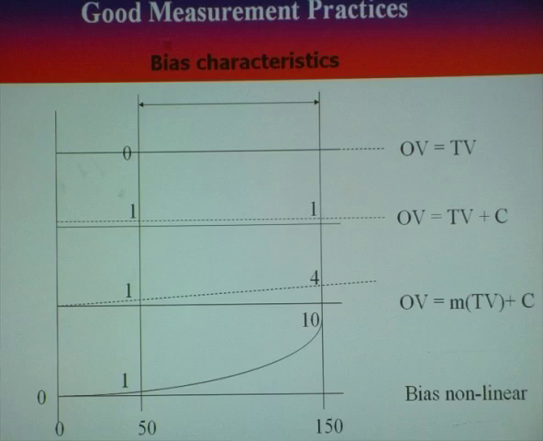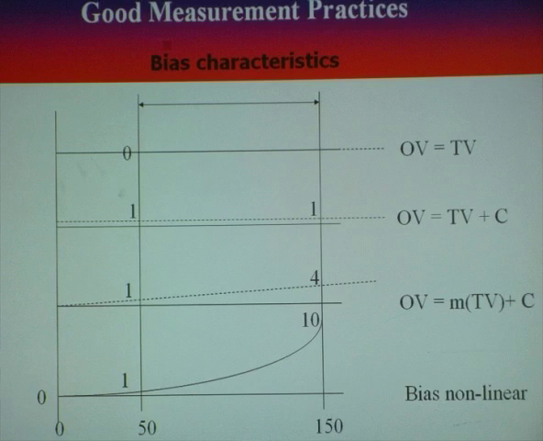Now at 50, when you measure, you have a certain observed value and you also have a true value. If you measure the other extreme, that is at 150, it has a certain observed value and it has a certain true value. Now, if there is no bias, then the difference between the observed value and the true value at 50 as well as at 150 would be the same.